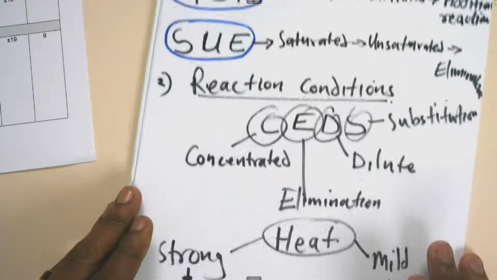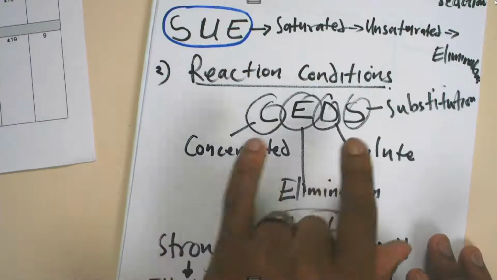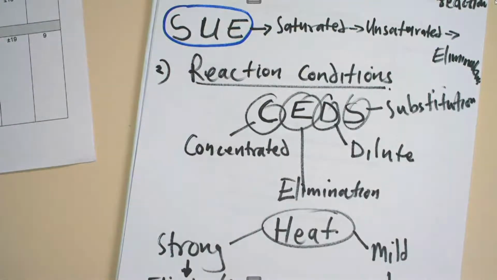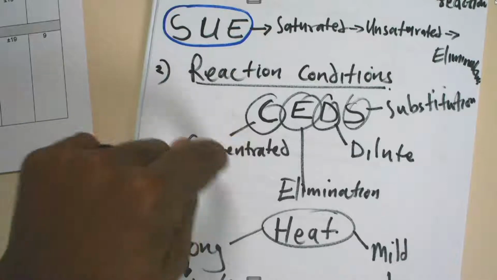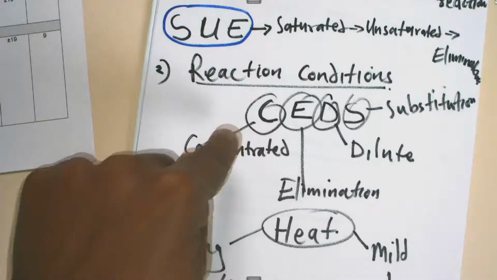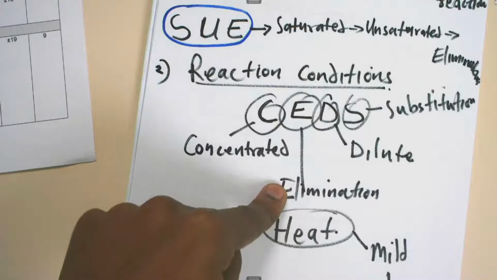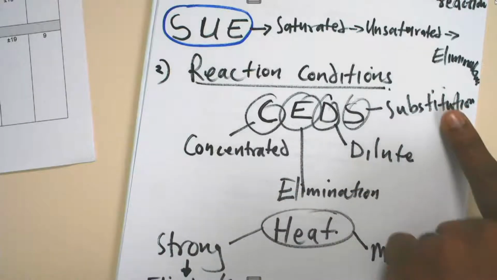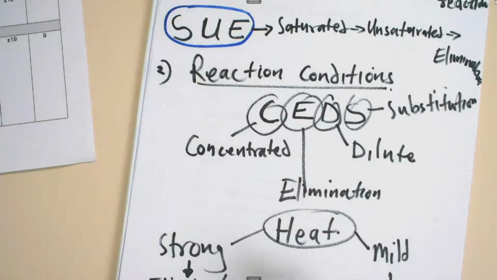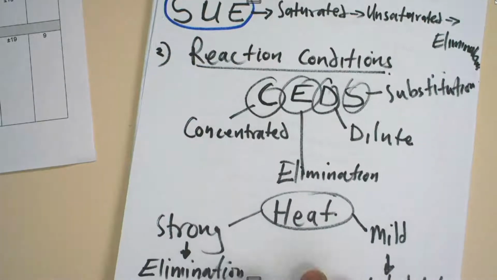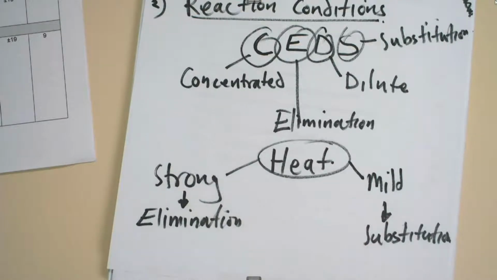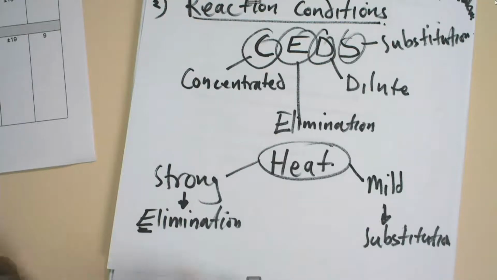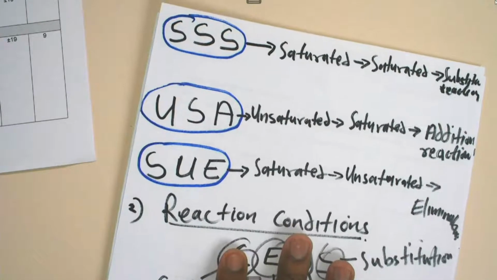If I look into the reaction conditions, when I talk of concentrated, it goes hand in hand with elimination. When I talk of dilute, it goes hand in hand with substitution. If I look into heat, another reaction condition, strong heat must be for elimination.